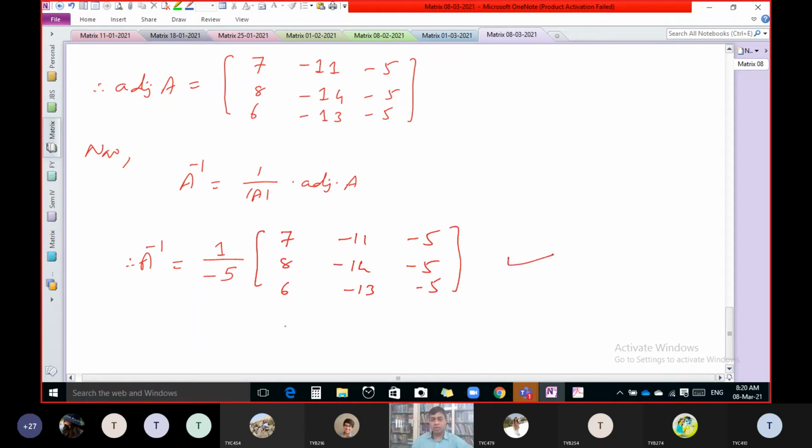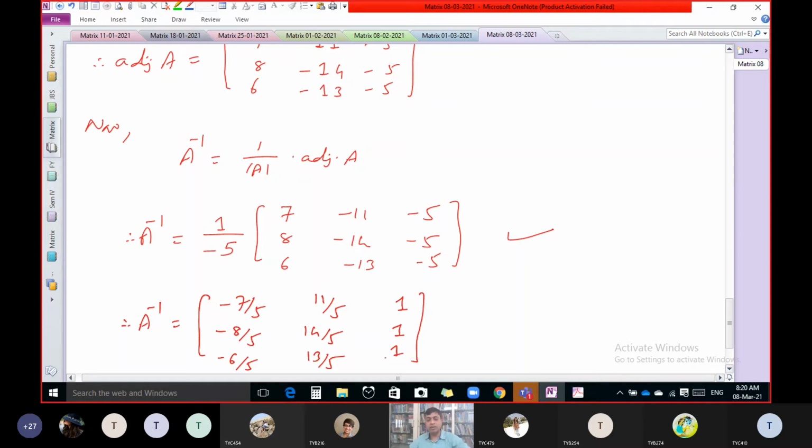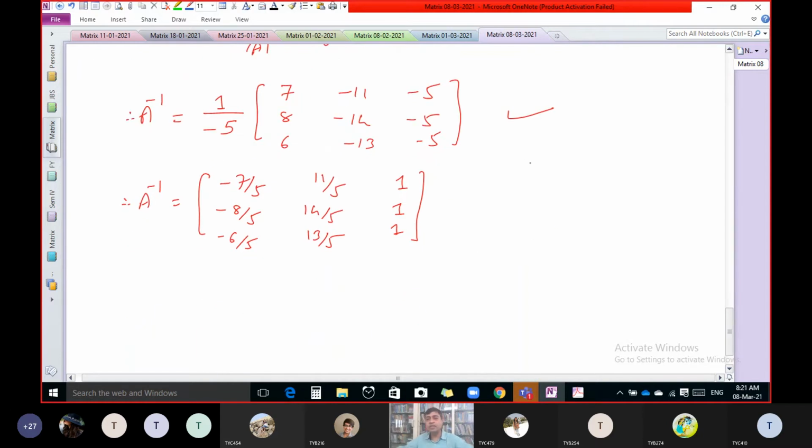Or one more step, divide each term by minus 5. So if we divide each term by minus 5, what do we get? Minus 7 by 5, 11 by 5, and minus 5 divided by minus 5, that means plus 1. Here we get minus 8 by 5, 14 by 5, once again 1. Here minus 6 by 5, 13 by 5, and once again 1, and that is our final answer.